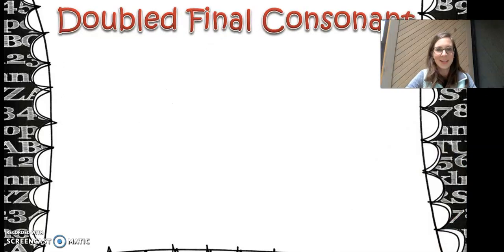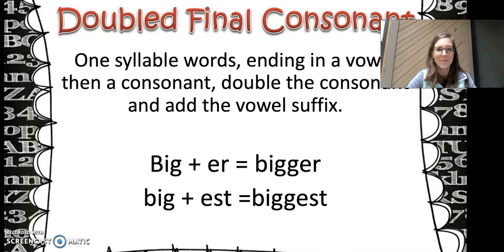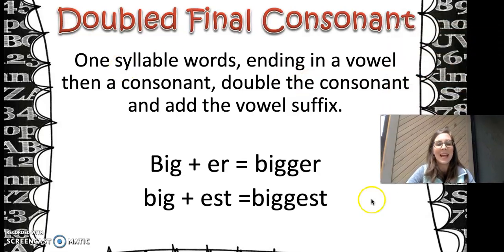Are you ready? Okay, so here is an example of doubling that final consonant. If the base word adjective is big, then if you want to say that something is more big, we don't say more big, we say bigger. And out of a group of three or more things, the most big is the biggest. See how we have a short I and only one consonant in our base word big. That's why we follow the rule of doubling the consonant before adding the endings ER and EST.